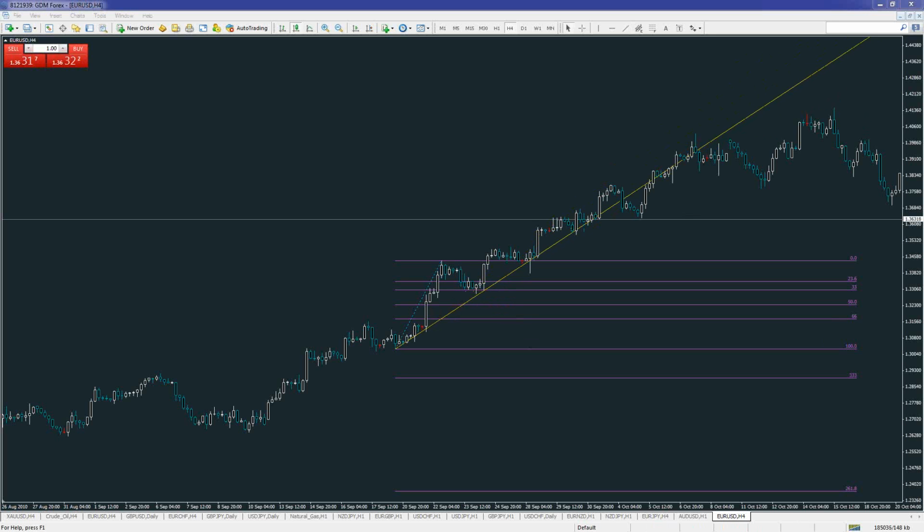Now we know that we have an uptrend and we follow it. This is the absolute principle of it. We always buy when the price touches or is near our trend line, and we never buy on highs.